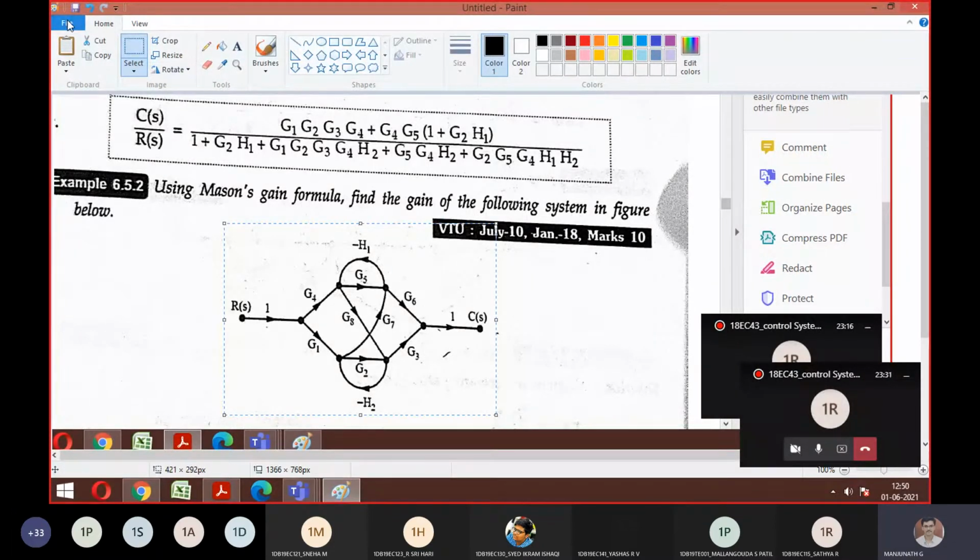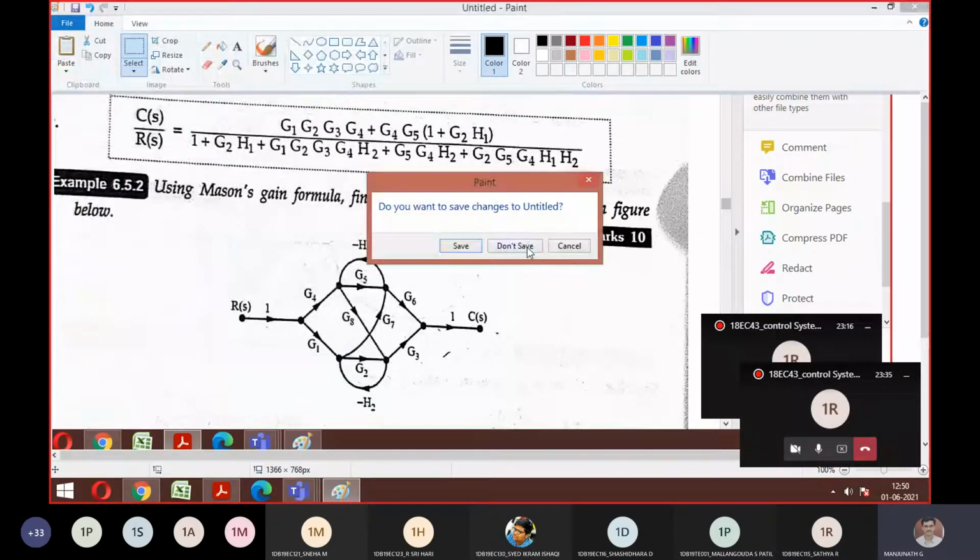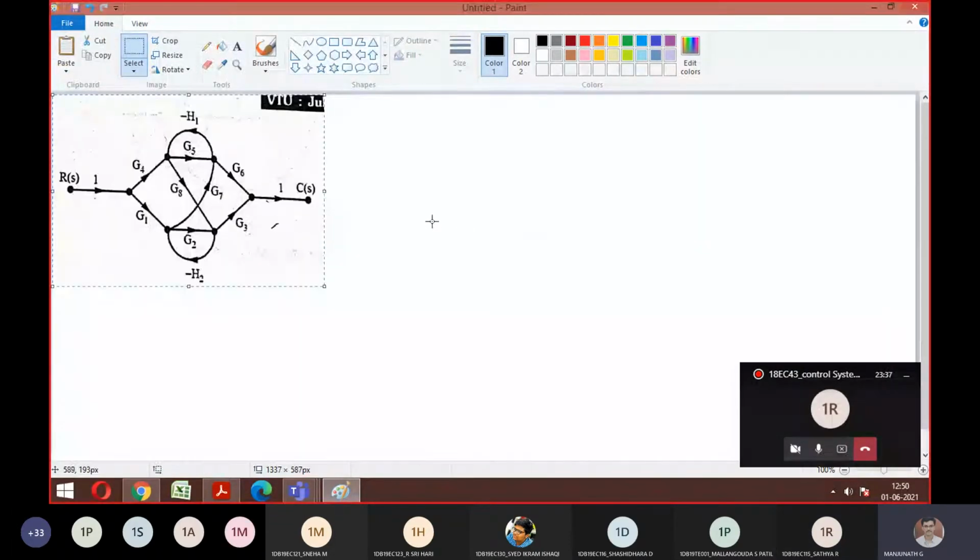You're supposed to find the number of forward paths. Good. So just paste the question. Yeah. So look at the question and tell me how many forward paths you have. How many forward paths you have? 3, sir.